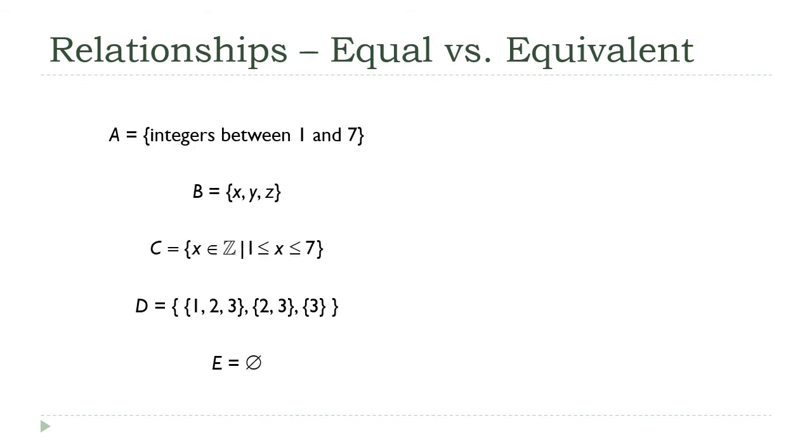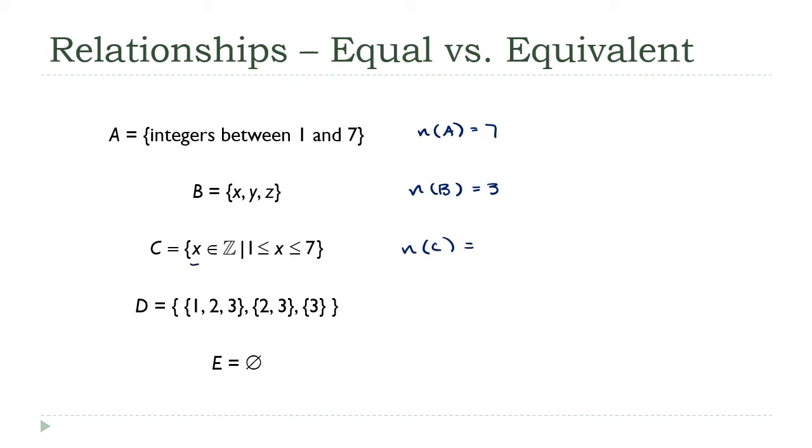Right, so let's look at some examples. And let's start by thinking about the cardinality of these sets. Okay, so the cardinality of A, we talked about this one a couple slides back. The cardinality of A is 7. The cardinality of B, well, it's got 3 letters in it, right? So the cardinality of B is 3. The cardinality of C, well, let's look at what this is saying.